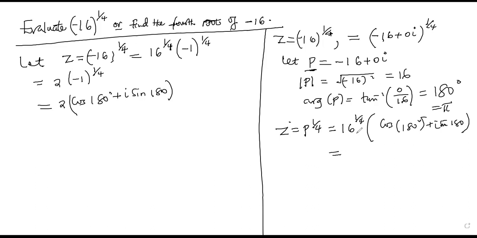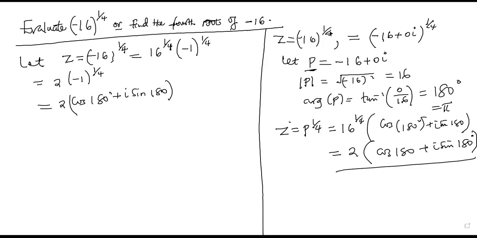But 16 to the power of a quarter is 2, then cos 180 plus i sine 180. So that is where I am now.